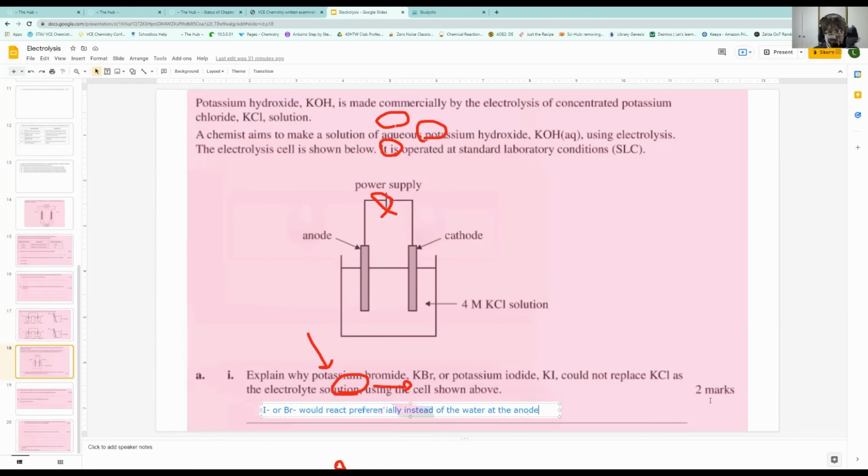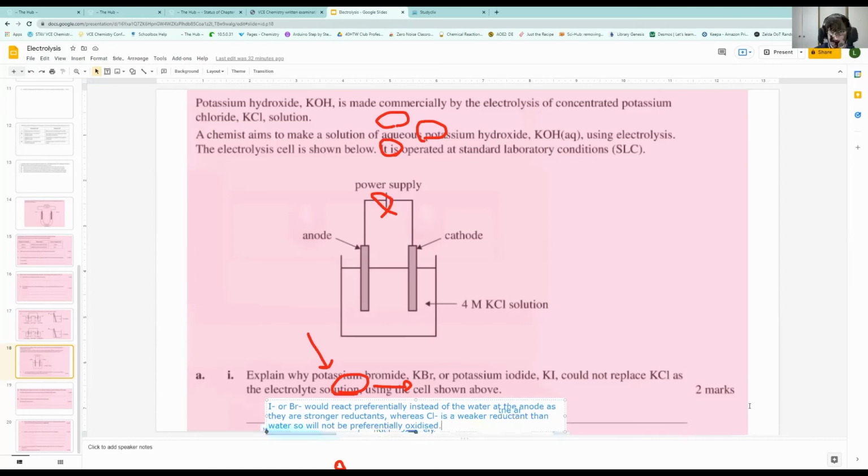As they are stronger reductants, whereas chloride is a weaker reductant than water, so will not be preferentially oxidized. I'd say that's a pretty thorough answer. You could probably get away with writing less than that, but that covers most of the points there. So I've explained why not to use these, and I've explained why you would use that.